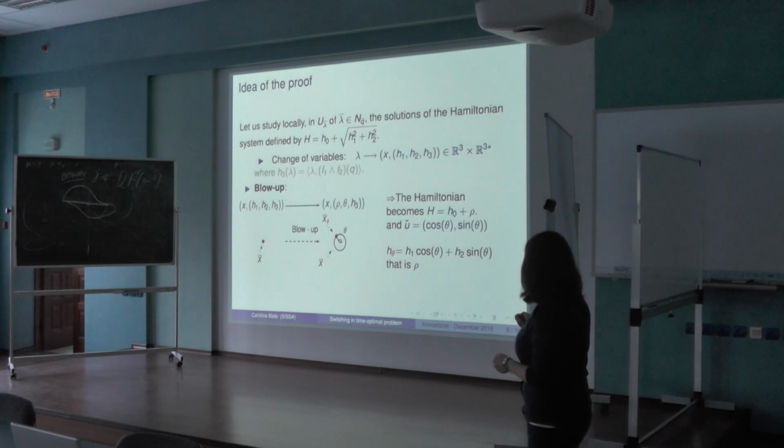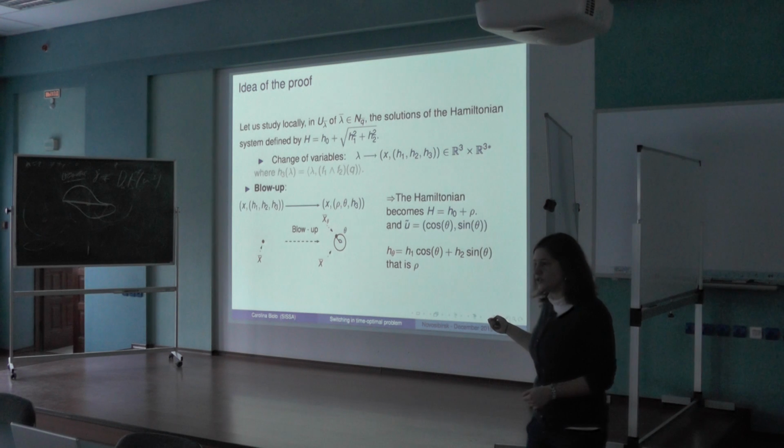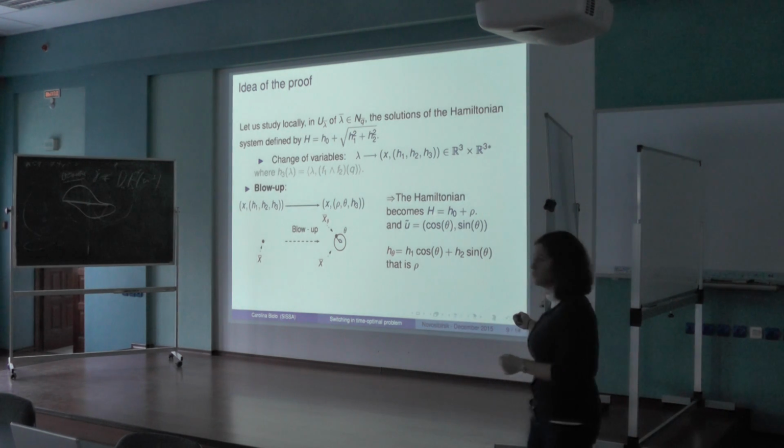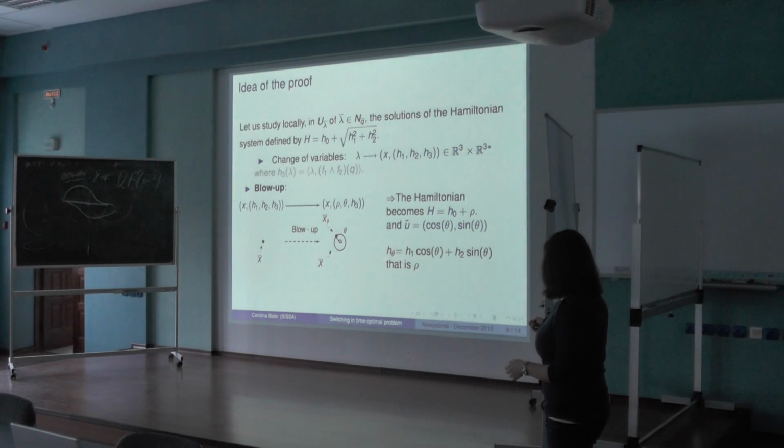So in this case, the Hamiltonian becomes this, with rho, and I want to recall that our optimal control was just cosine theta and sine theta in these conditions. Okay, so now we can define explicitly the optimal control with respect to the behavior of the constant theta. And just for notation, we have this h theta that is just rho.